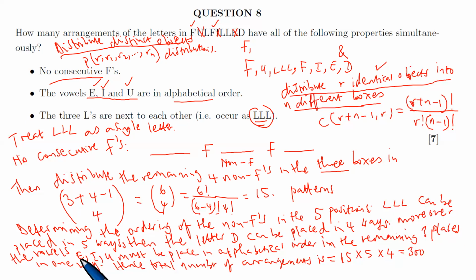So the L's are placed in 5 ways. Then the letter D can be placed in 4 ways, because after you have placed the L's in the 5 positions, then you'd have 4 positions left, and then in the 4 positions left, you can place the D. Right. Moreover, the vowels must be placed in alphabetical order in the remaining 3 places.